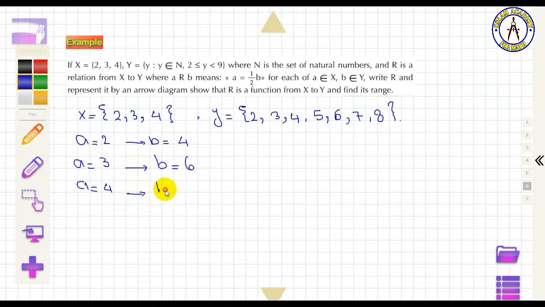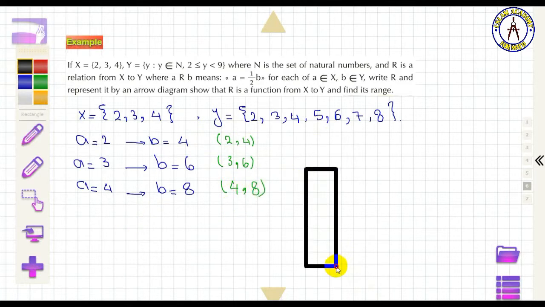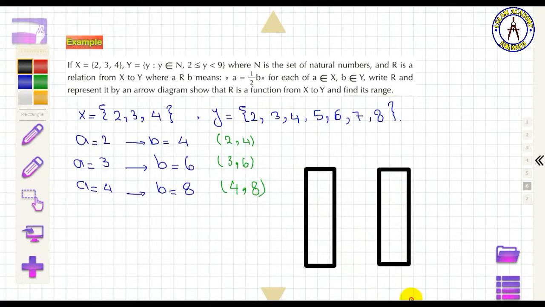Multiplied by 2, then b equals 8. 4 is an element of y, 6 is an element of y, and 8 is an element of y. Then we can write the ordered pairs 2 and 4, 3 and 6, 4 and 8.